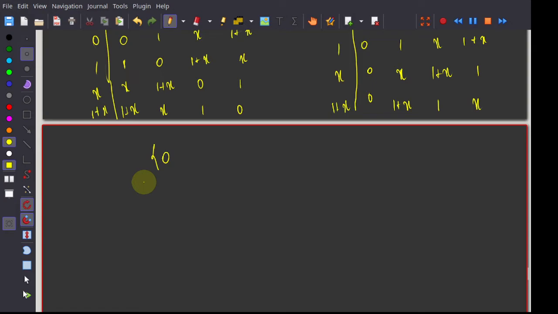If I choose the polynomial carefully enough, then it turns out that this forms a field. So in this case, it is 0, 1, 1 plus x, x, and the addition and multiplication are actually modulo 1 plus x. But this is over the binary field. The coefficients are coming from the binary field.